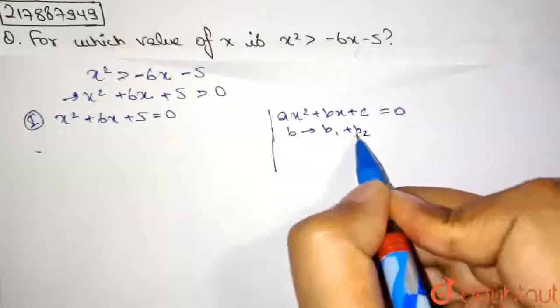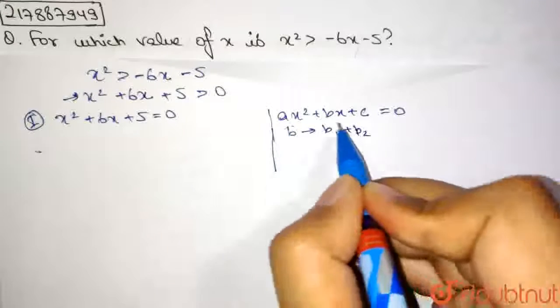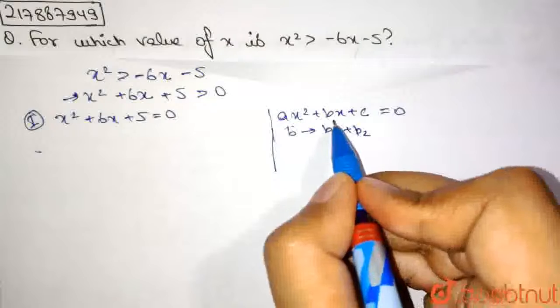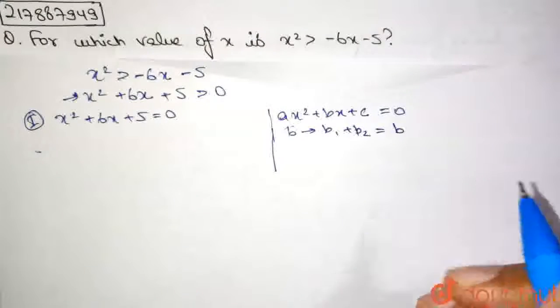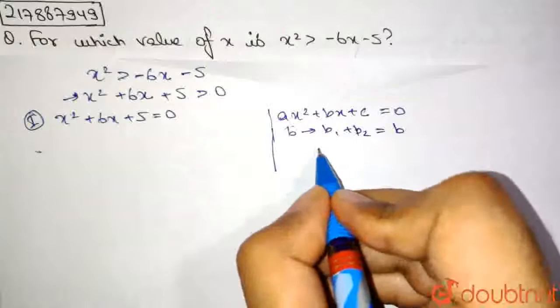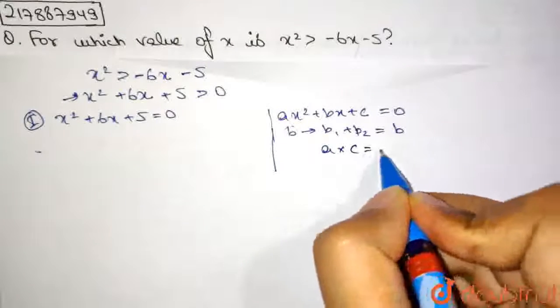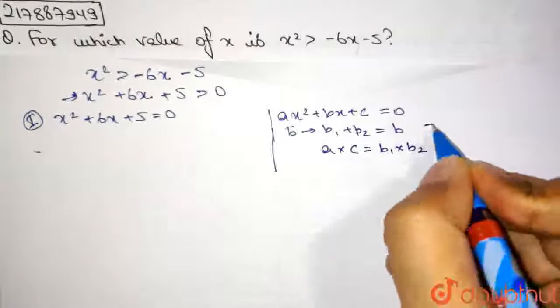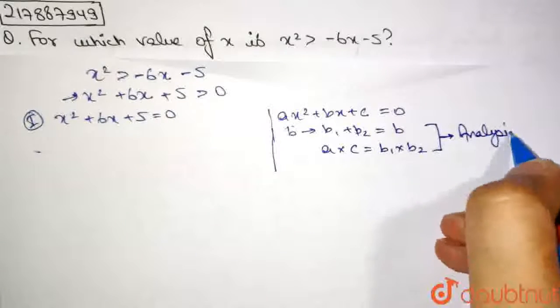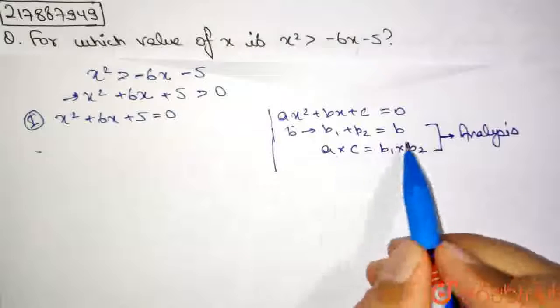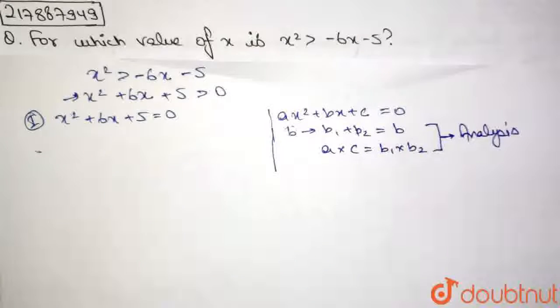So b1 plus b2, made by breaking up the coefficient of x, should be equal to b. This is the first condition. Secondly, a into c should be equal to b1 into b2. We are going to do this using analysis. If we can achieve these two goals, then we can split this, right?